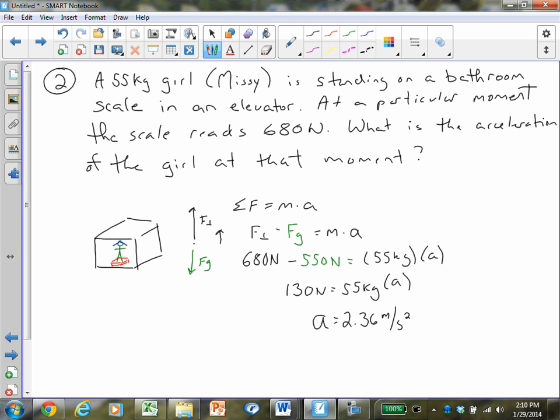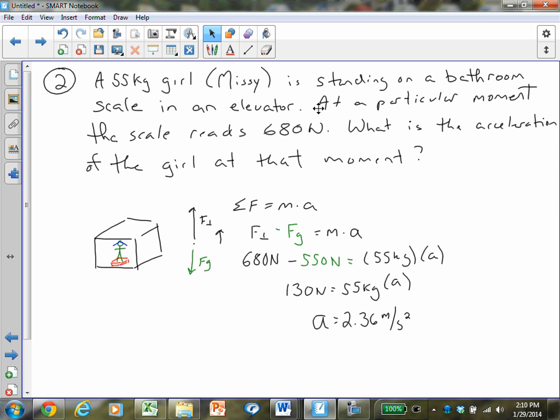What does 2.36 meters per second squared up mean? Accelerating up, which could mean what? Will? Could be starting going up or slowing down going down. Yes. Because if you're starting going up, your acceleration is up, right?